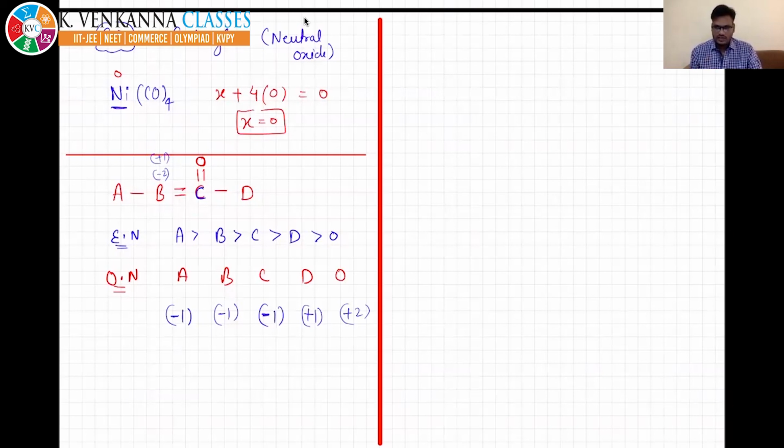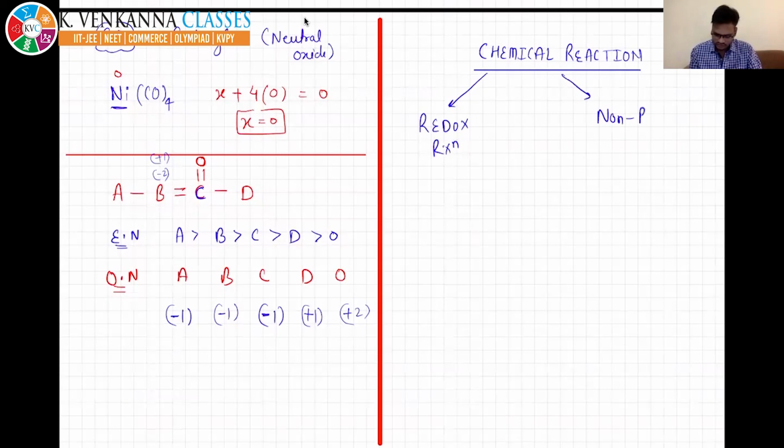See, in chemistry we have to deal with chemical reactions. You can classify all the chemical reactions into two types. One is redox reaction and the other is non-redox reaction. How can we figure out which one is redox and which one is not?